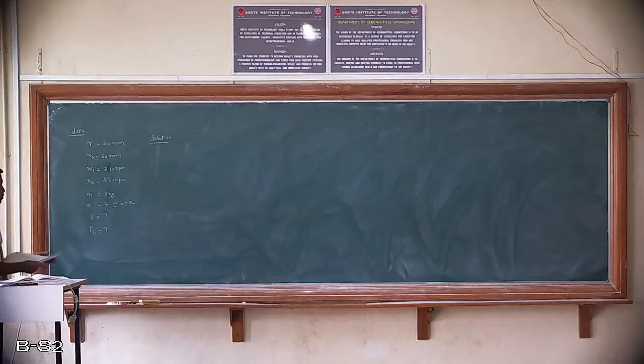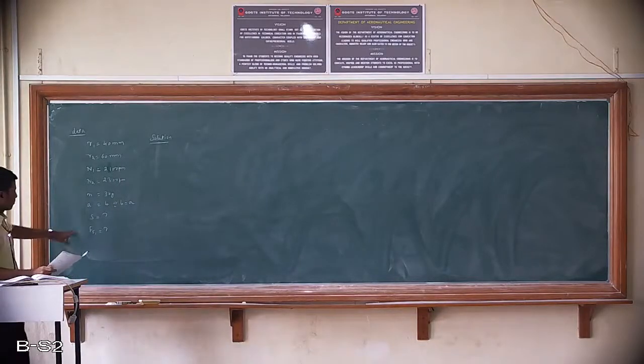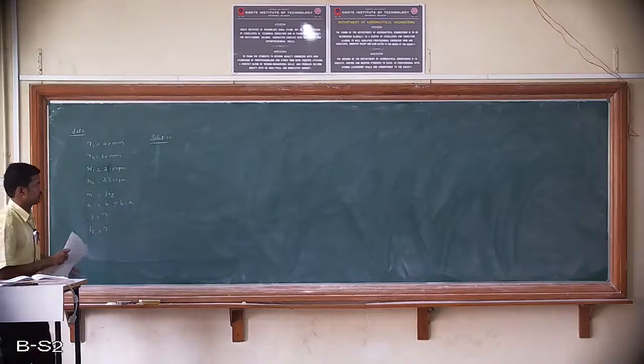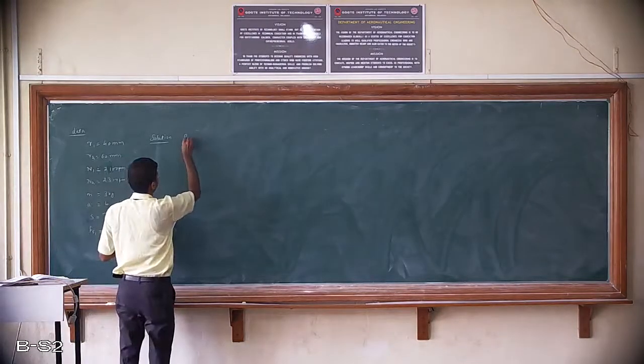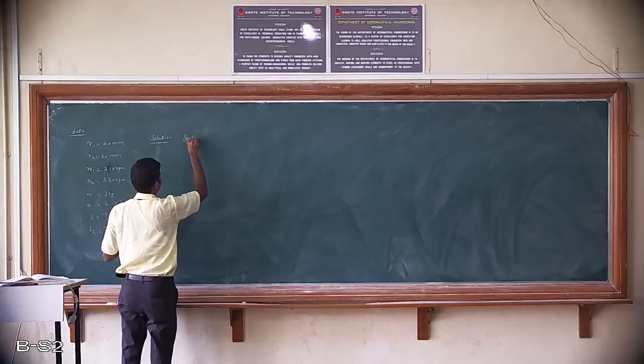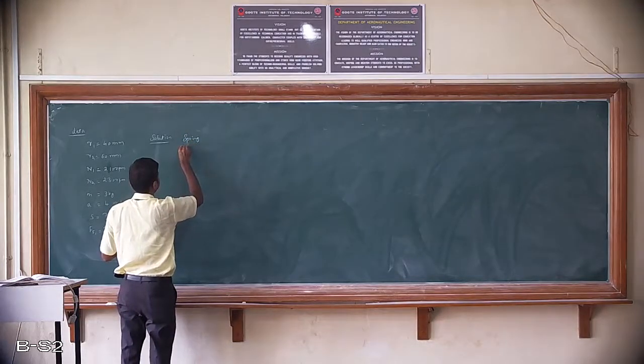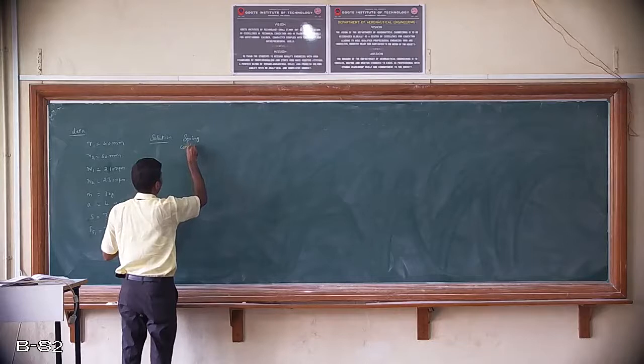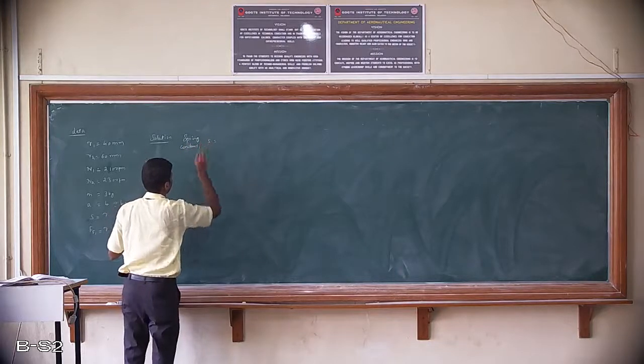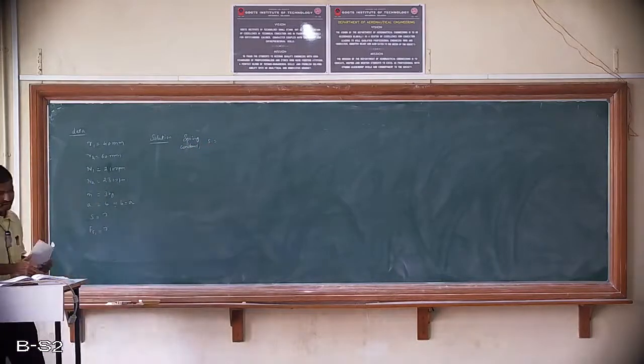What do we need to find out first? First we need to find out the spring constant, which is given by S, and the equation for the spring constant we have derived in the previous class.